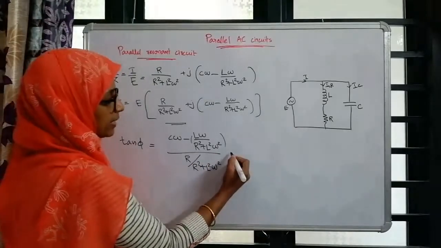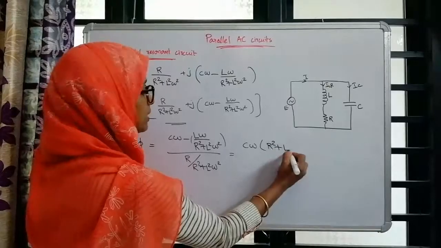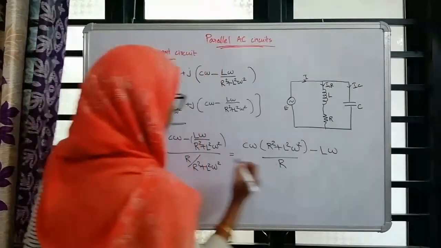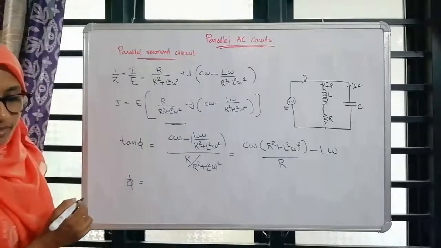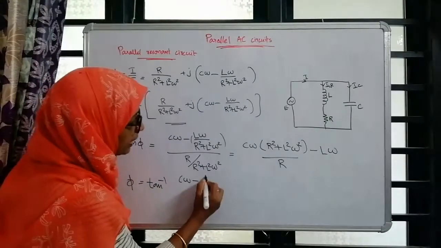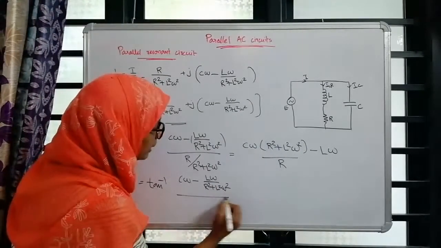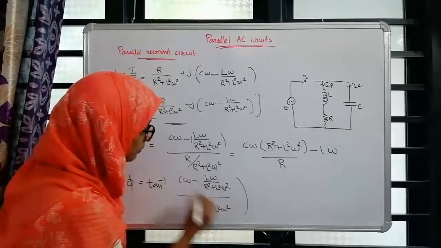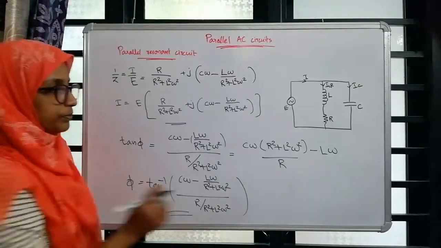So, we can write it down as C omega into R square plus L square omega square minus L omega by R. And phi can be obtained as phi is equal to tan inverse of C omega minus L omega by R square plus L square omega square divided by R square plus L square omega square, or phi is equal to tan inverse of this term.